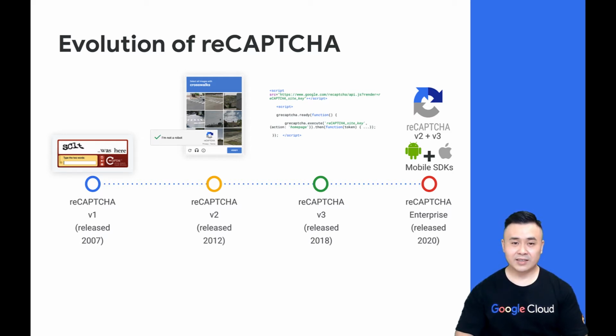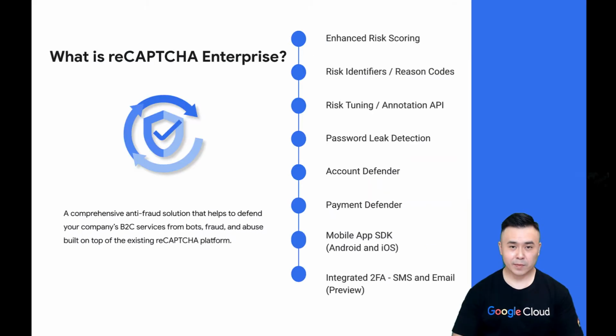Essentially, it is the combination of version 2 and version 3, plus a lot of other features such as the native mobile application SDK for Android and iOS, and other features I'll be introducing to you later on. Okay, here's the list of reCAPTCHA Enterprise features. It has much more granularity when it comes to risk scoring, and for all the assessment results, you will have a reason code in the JSON return.